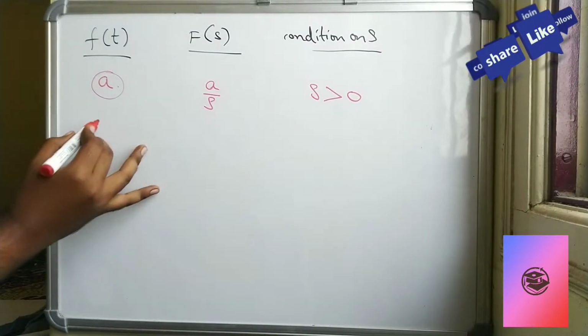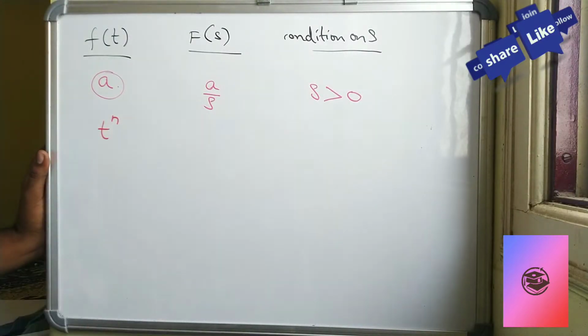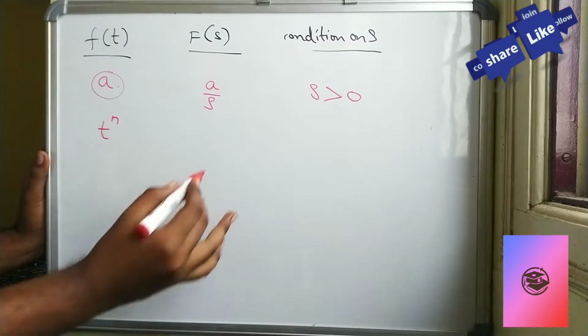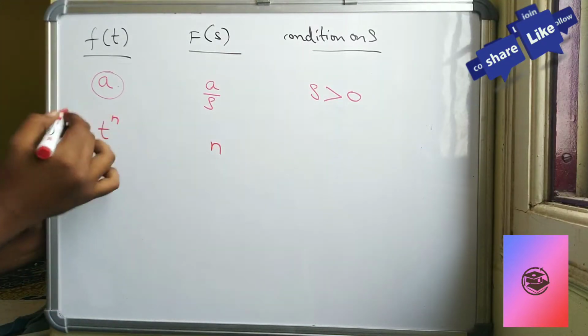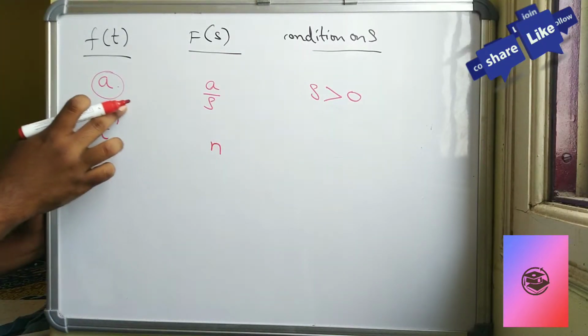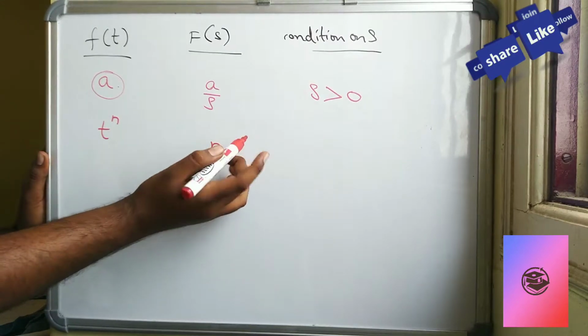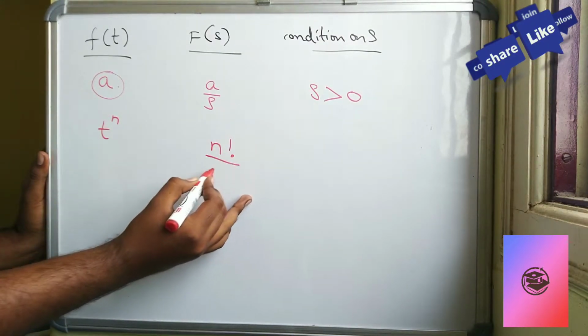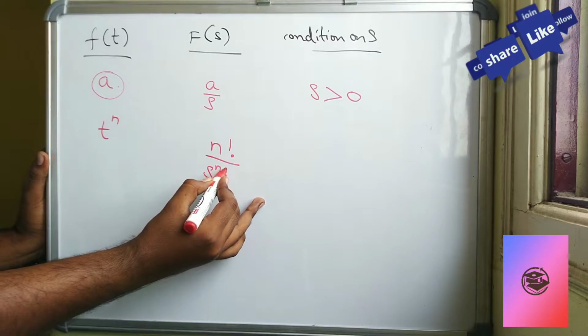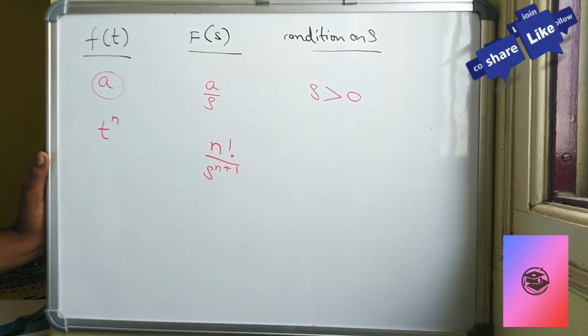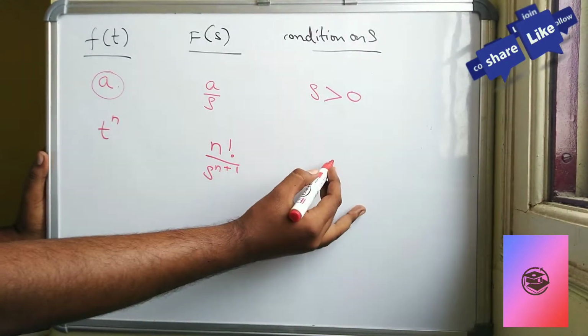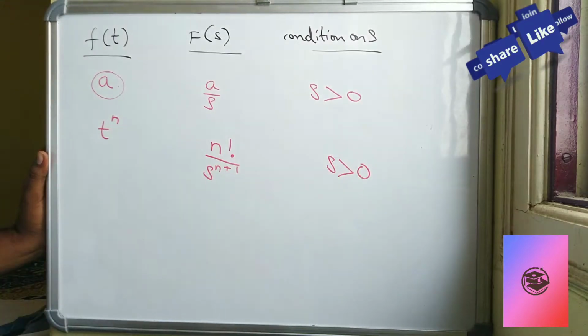Now, t power n. The Laplace transform of t power n is n factorial by s raised to n plus 1. The condition on s is the same as this, greater than 0.